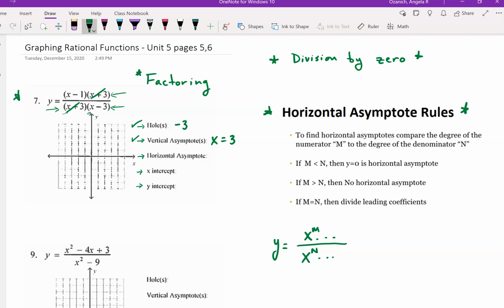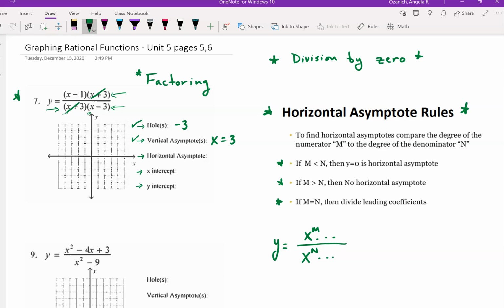But you're really analyzing the value of the degree, and I like how this particular author, whose summary I grabbed off the internet, uses this idea: if m is less than n, then y equals 0 is your horizontal asymptote. If m is greater than n, there's no horizontal asymptote.